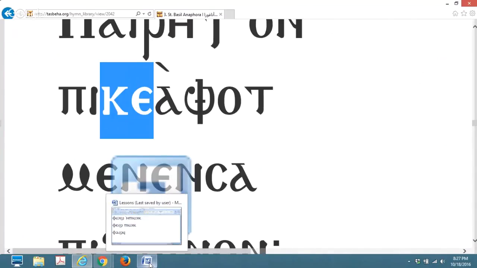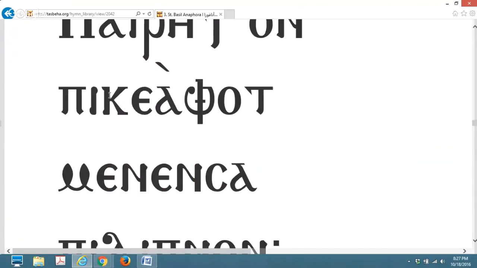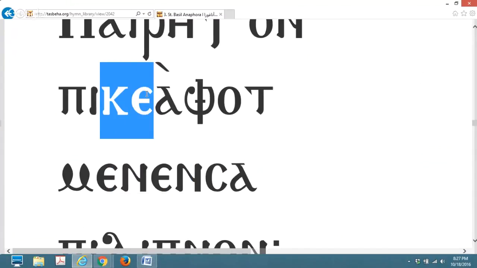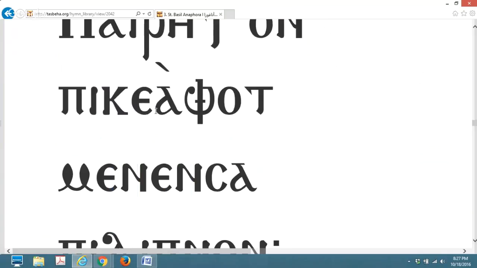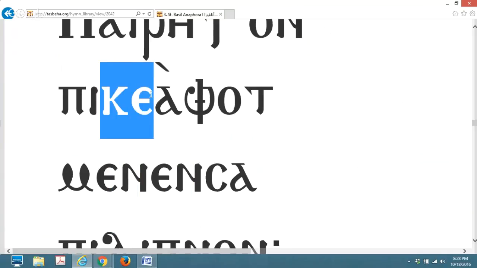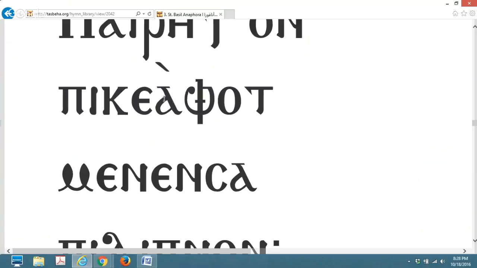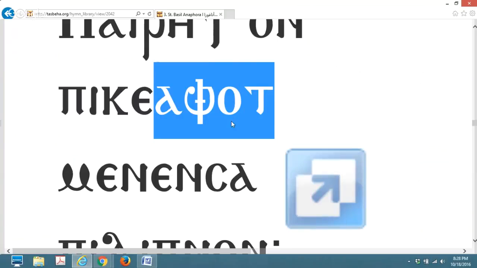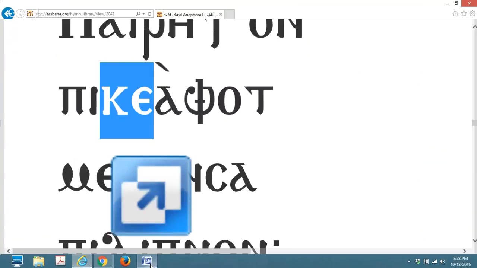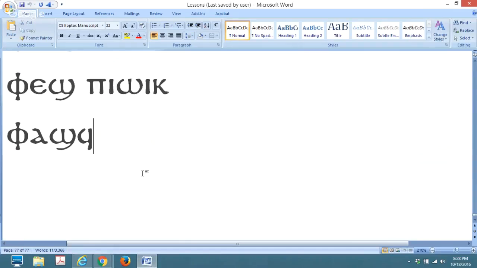The other thing you'll see too is usually ke is when it's prefixed to some sort of noun, in this case, afot. Sometimes you'll have ke, but not prefixed to a noun, but prefixed to pronouns.